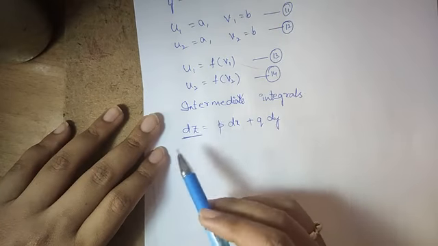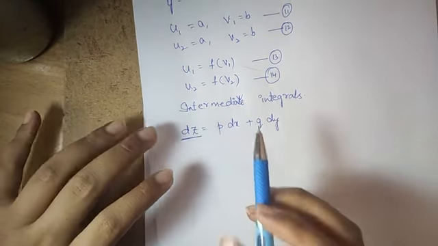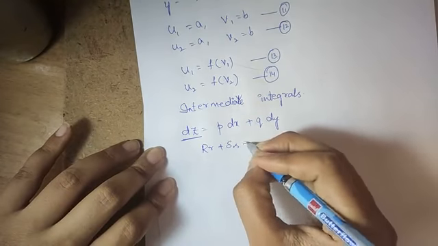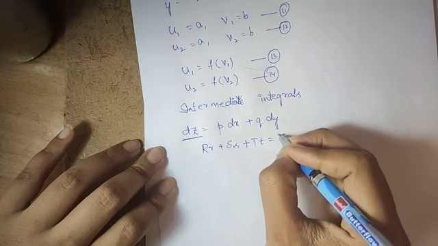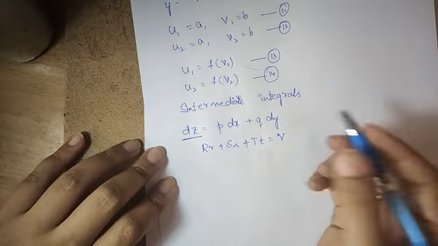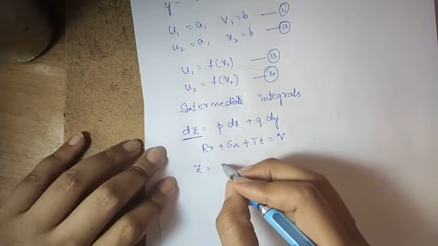So to get the complete solution of your equation 1, that is Rr plus Ss plus Tt is equal to V, you should integrate this with respect to x as well as with respect to y. That will be your final solution.